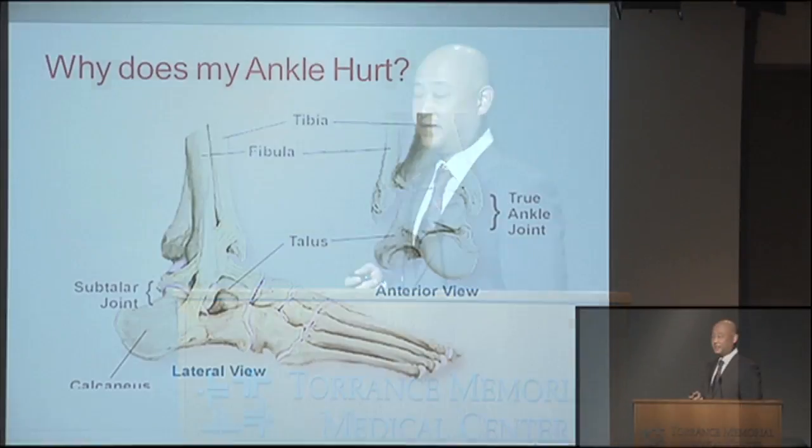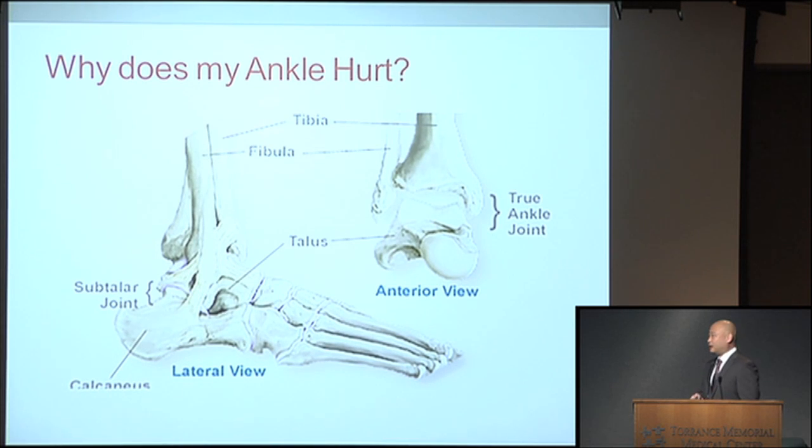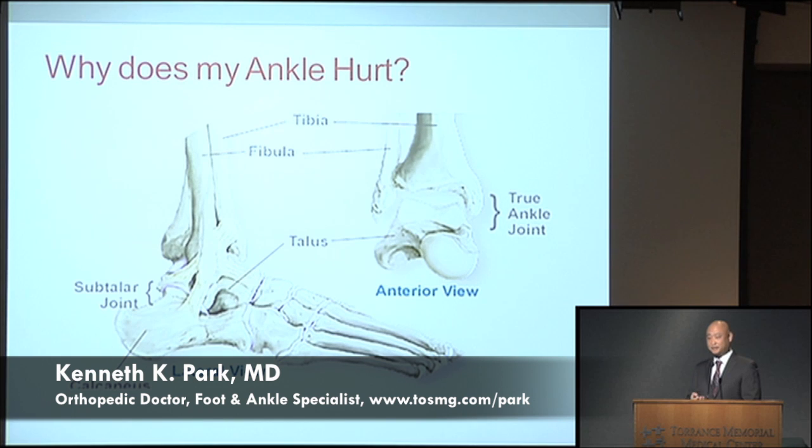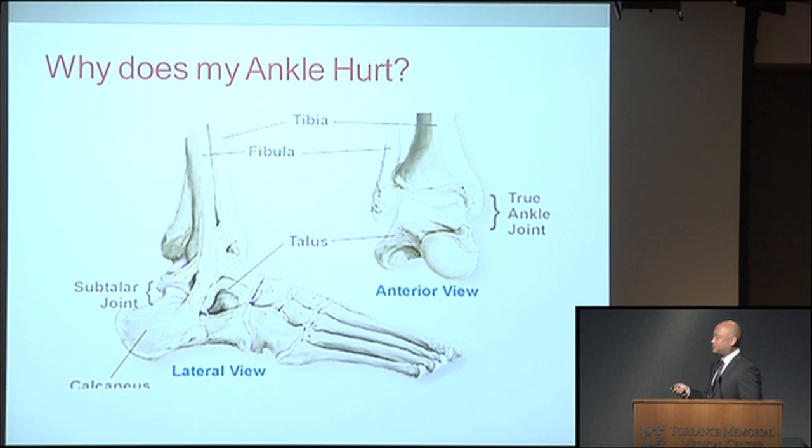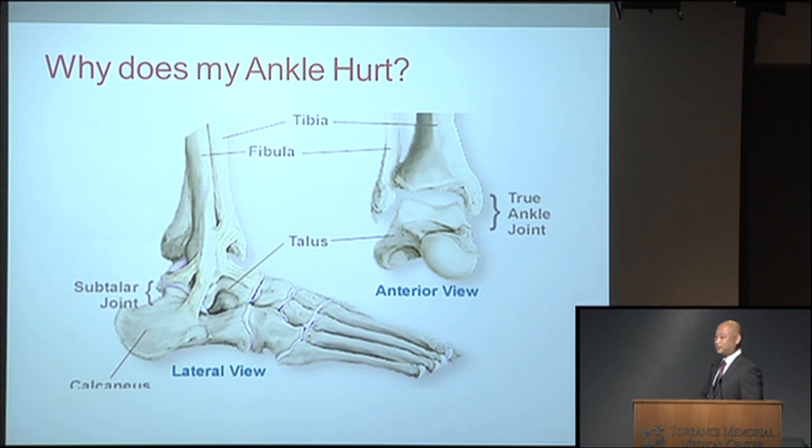So switching topics, we're going to talk about the ankle a little bit. And to understand the ankle, you kind of need to understand the anatomy of the ankle. The basic anatomy is that the ankle joint is made up of 3 main bones. It's the fibula bone, that's the outside bone that you can feel on the side of your ankle, the tibia bone, and the talus bone.